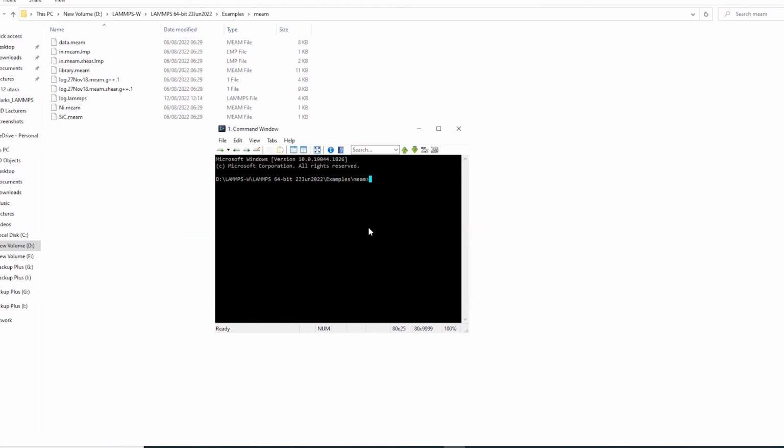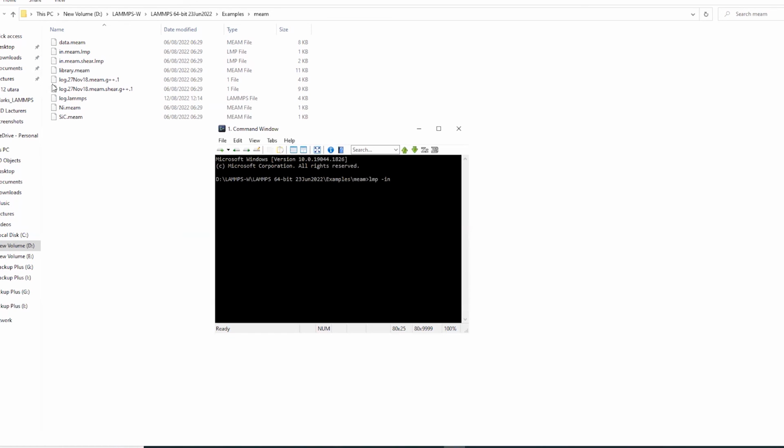Okay, suppose now you are in the MEAM folder. This is the executable. LMP is the executable. LMP dash in dash your input file name.